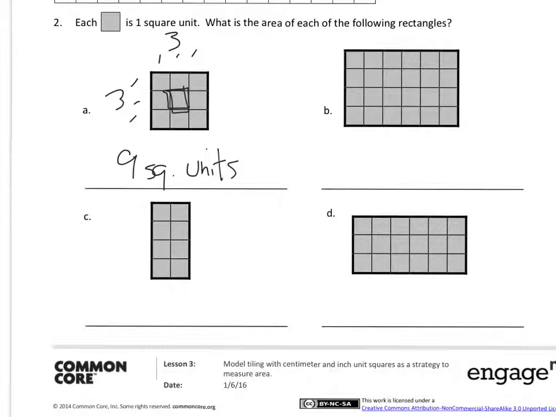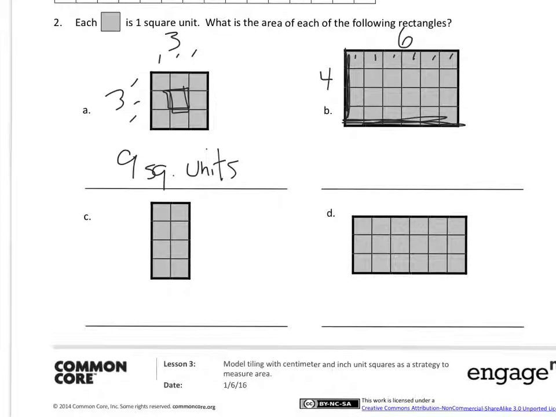So for B, we're counting across 1, 2, 3, 4, 5, 6. Remember, area is side length times side length. So we have one side length is 6. The length is how long it is. And this side length, how long is this, is 1, 2, 3, 4 square units.